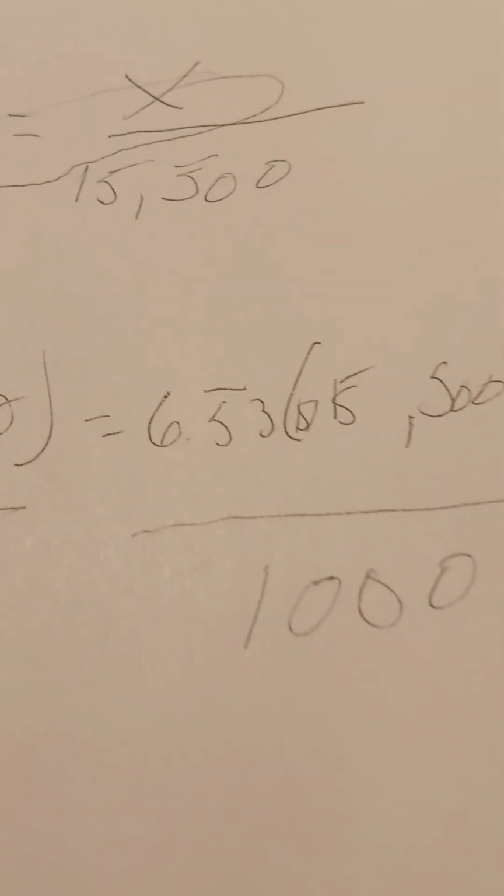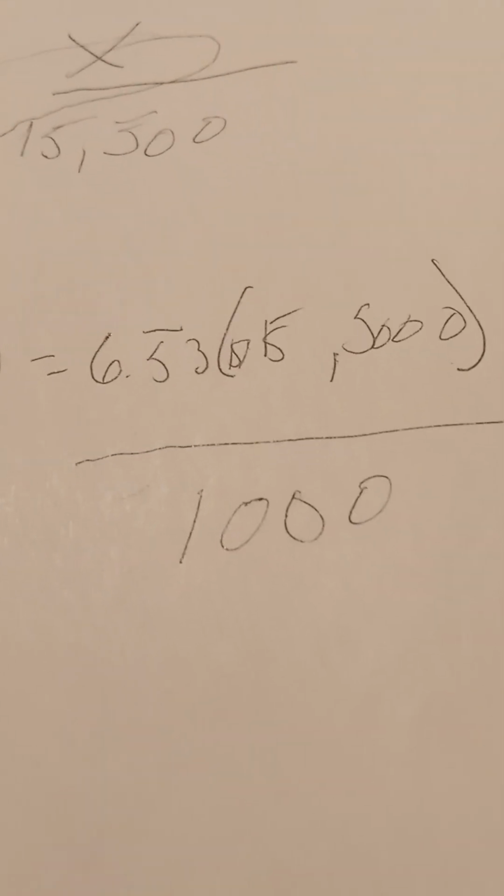What we do to the one side, we do to the other. I'm going to place 1,000 at the bottom. I'm waiting for my image to show back. Okay, perfect.